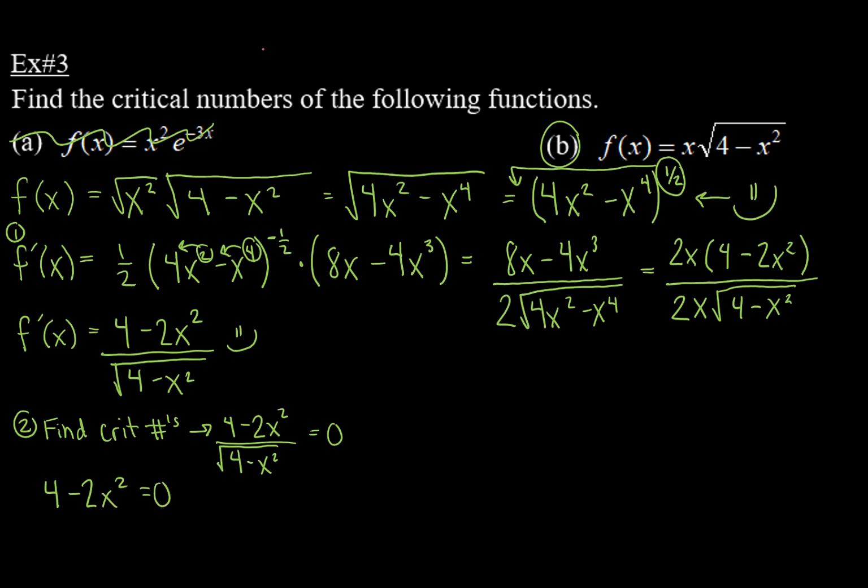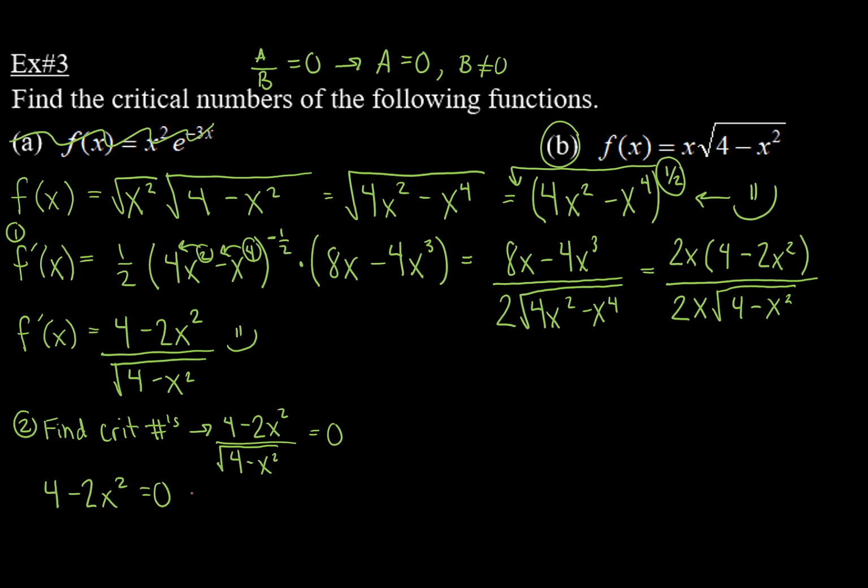And that should make sense. Think about this here. If I have a fraction a over b and that equals 0, that means that a is equal to 0. And we know that that's the case because we're not allowed to have zeros in the denominator, right? So if I have a fraction and I'm setting it equal to 0, just set the numerator equal to 0.